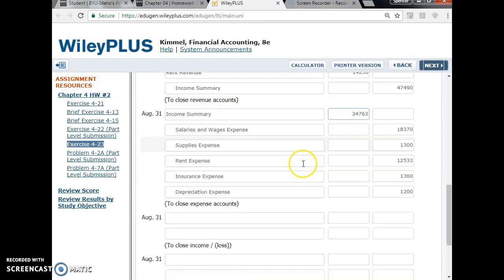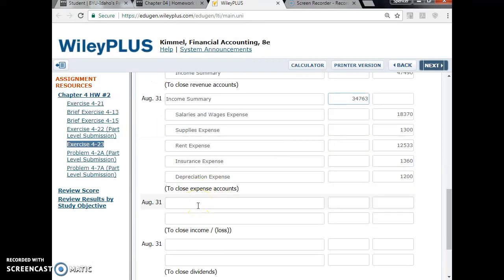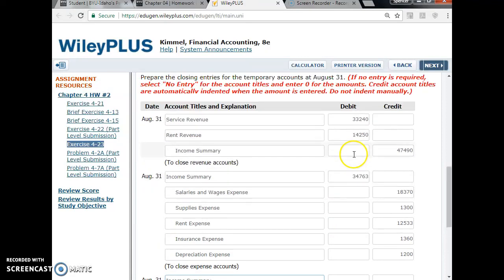Okay. So next we're going to move on to closing our retained earnings. Since we're going to do our income summary first, we're going to go back up here and compare our income summary from our revenues and expenses, to see which account it needs to go into. Since credit is higher, we're going to take the debit out of the credit.